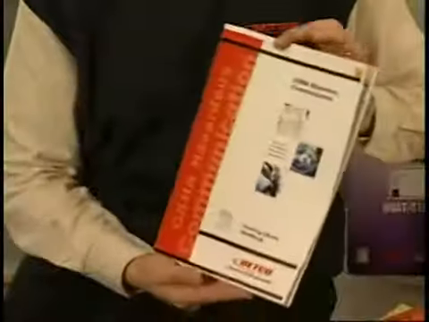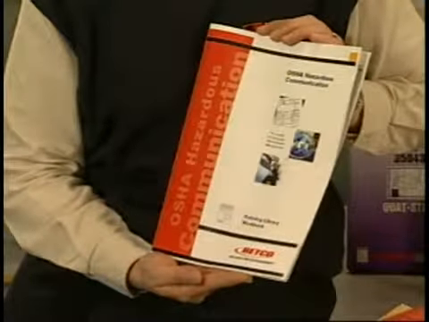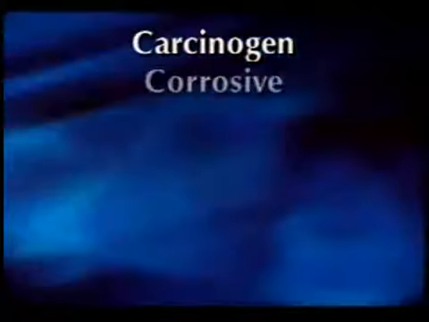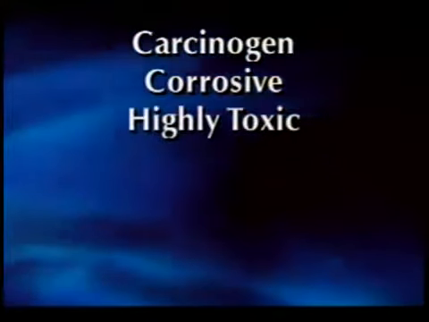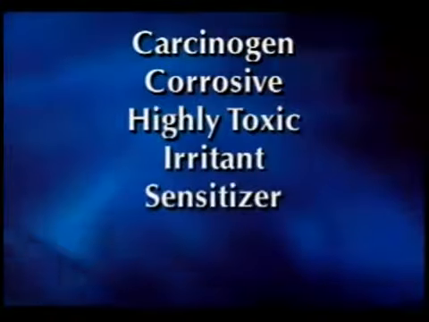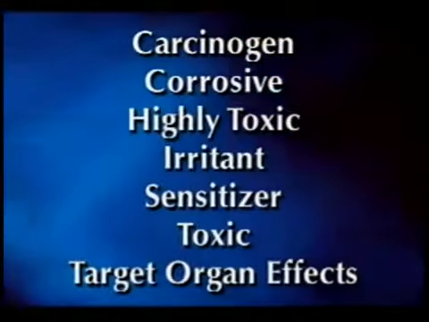Other more obvious hazards include any product that is cancer-causing, corrosive, flammable, toxic, an irritant, a sensitizer, or can damage specific body organs. The following is a listing of OSHA health hazard classifications. Their specific definitions can be found in the glossary of your Betco HAZCOM workbook. Carcinogen, corrosive, highly toxic, irritant, sensitizer, toxic, and target organ effects.